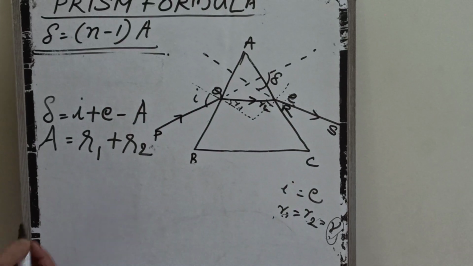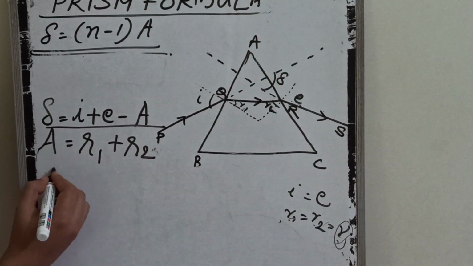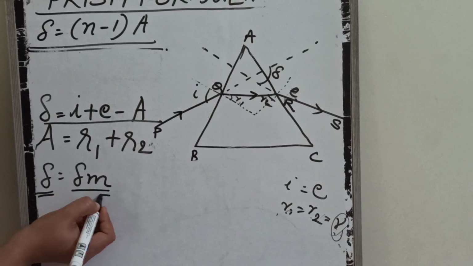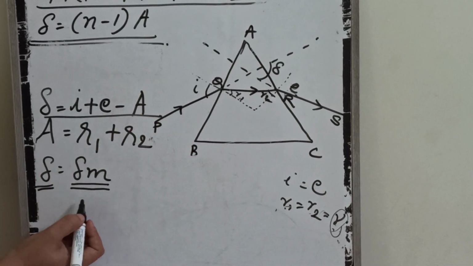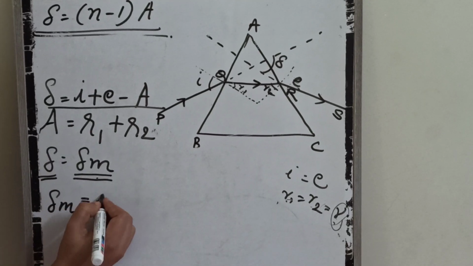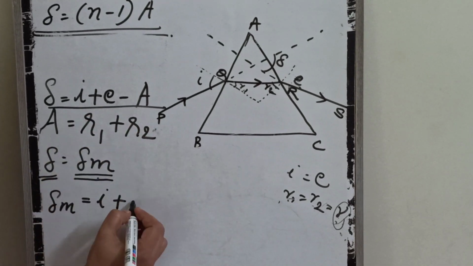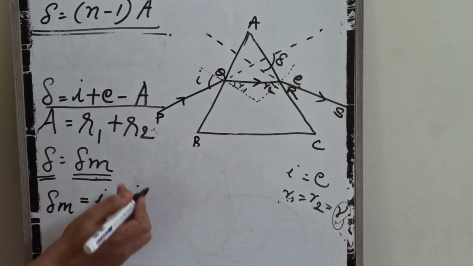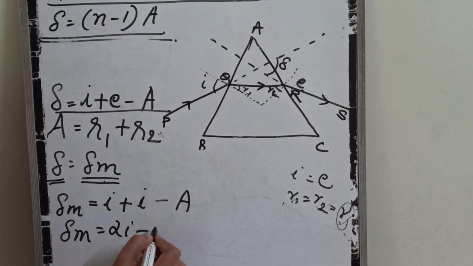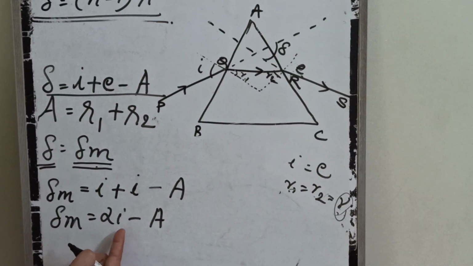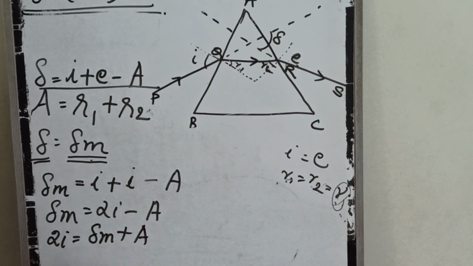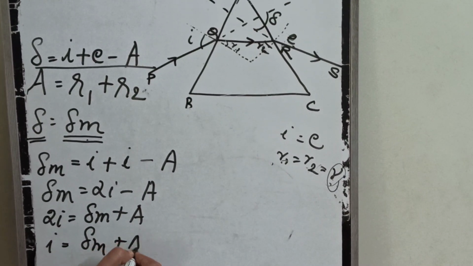Now, in the first equation, if delta is equal to delta m, the angle of minimum deviation, then this equation will change to delta m is equal to I plus, instead of E I can put I, because I equal to E, minus A. So delta m is equal to 2I minus A. Now if I want to find I, I can write 2I equal to delta m plus A, or I equals delta m plus A by 2.